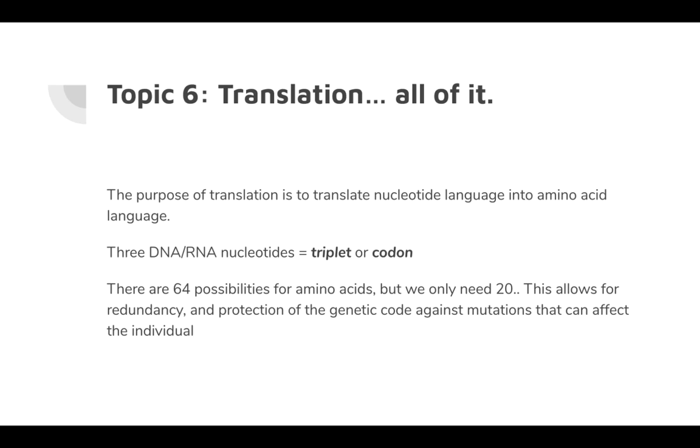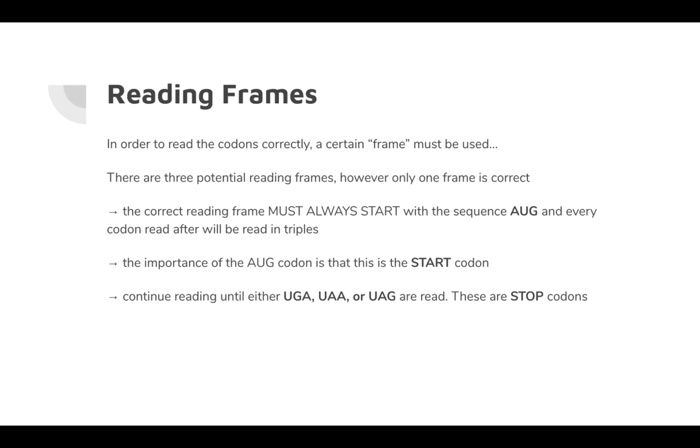DNA and RNA nucleotides that are in groups of 3 are referred to as triplets or codons. Now, there are 64 possibilities, but we only need 20. We only have 20 amino acids in our codon alphabet, I suppose. But this abundance allows for redundancy and protection of the genetic code against mutations that can affect us, which is good. That's a good thing.